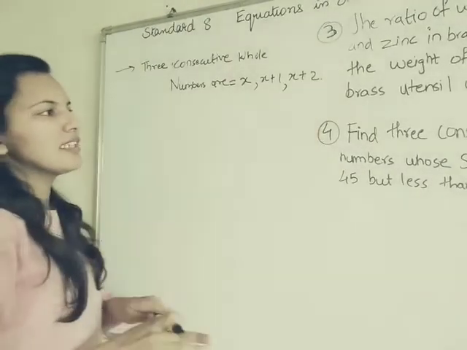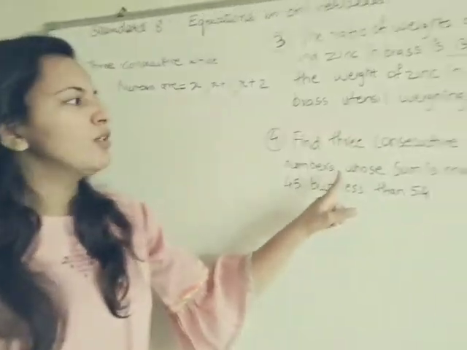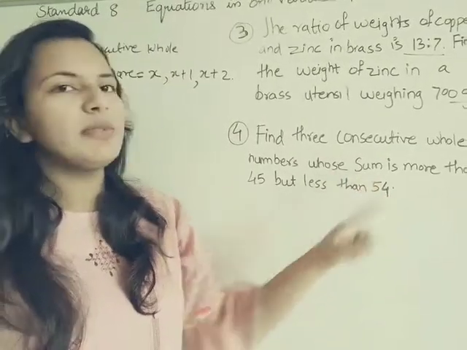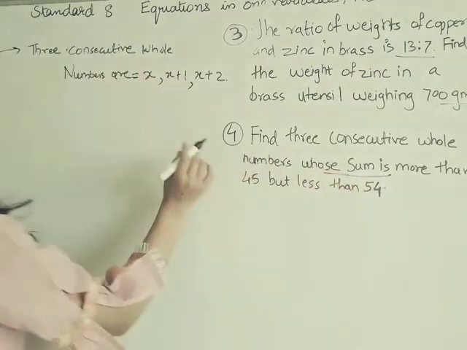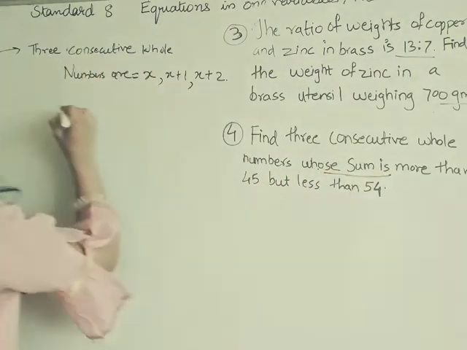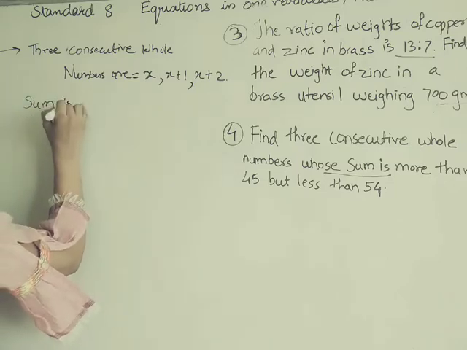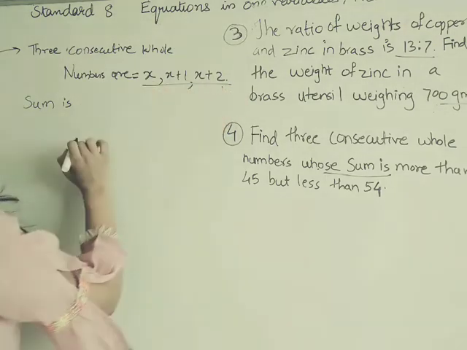Now the next statement is three consecutive whole numbers whose sum is. Sum is nothing but addition. So whose sum is the sum of the three consecutive numbers.